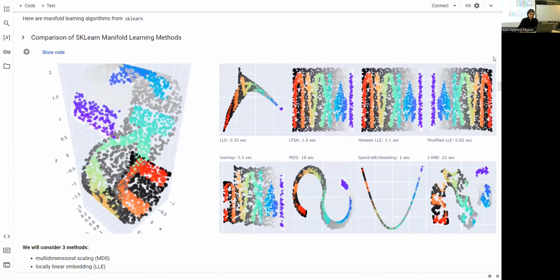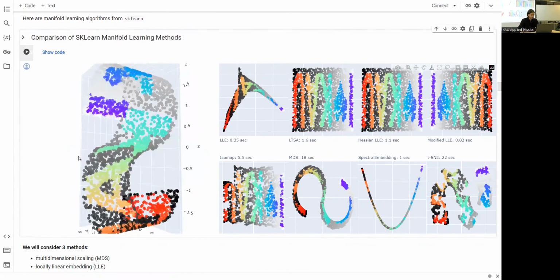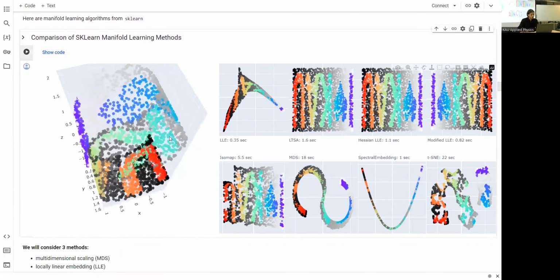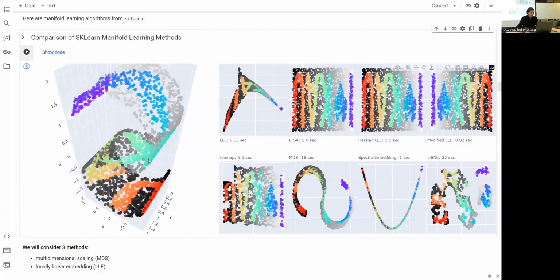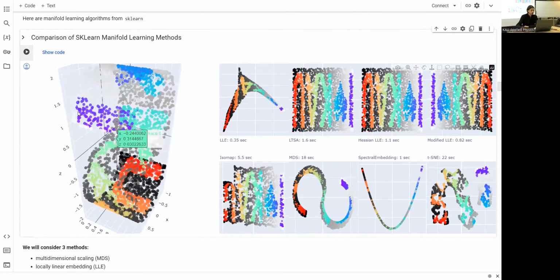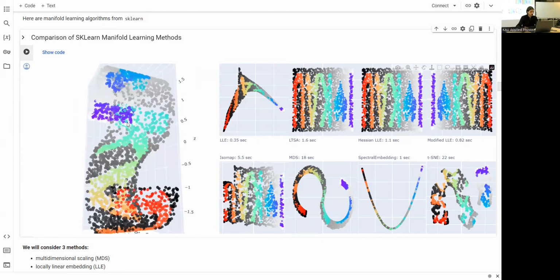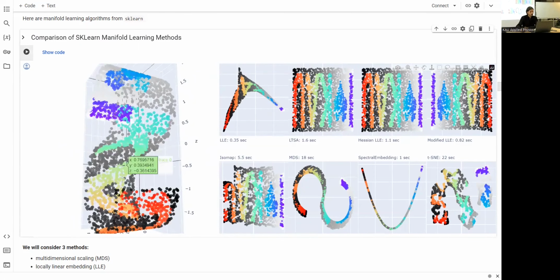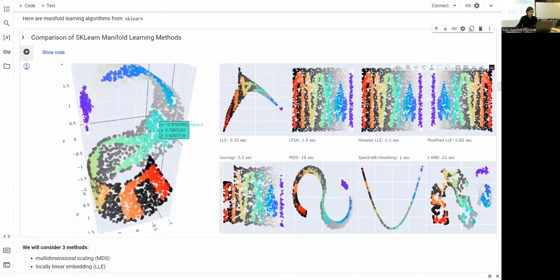And here is a bunch of different methods for you that we have in sklearn. This is the original manifold. So I have taken all my points and put them on this sort of S-shaped manifold. If you look carefully, you can see that here we have the letter I, here we have a heart, and here we have K, A, and Q. So that's basically my original points, but they were transformed into this sort of S-shape.